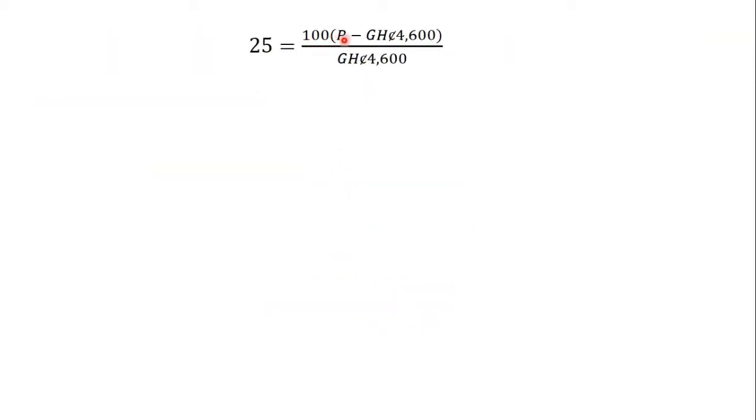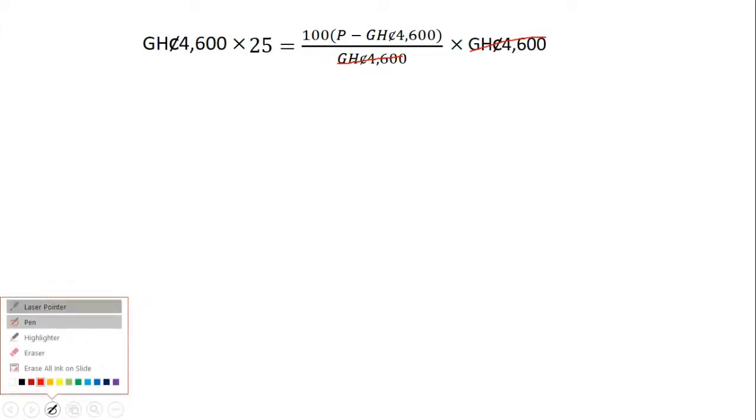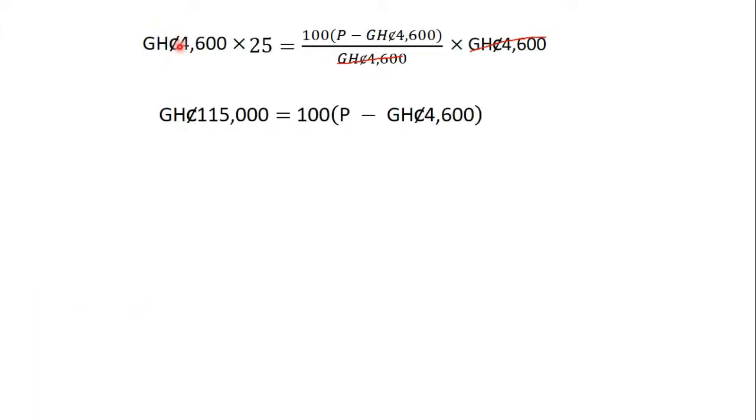Now, in order to find P, we will multiply the left-hand side by 4,600 cedis. Then you multiply the right-hand side by 4,600 cedis. When you do that, we can see that this and this will cancel each other out. So we will have 4,600 Ghana cedis times 25 will give us 115,000 Ghana cedis.